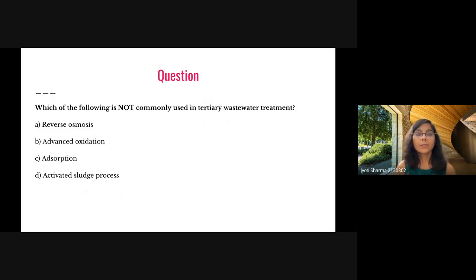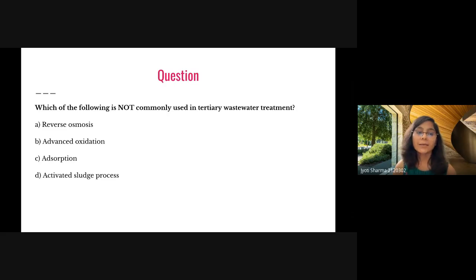Okay. So the question is, which of the following is not commonly used in tertiary wastewater treatment? Very simple question. Reverse osmosis, advanced oxidation, adsorption, activated sludge process. Okay, so you both gave me the right answer.